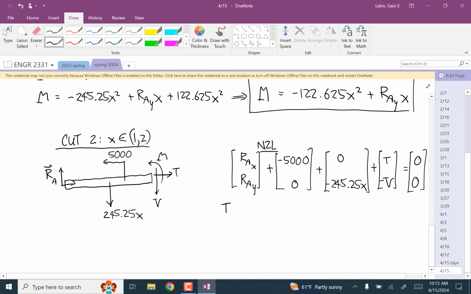So T is equal to negative RAX plus 5,000. And V is equal to RAY minus 245.25x.